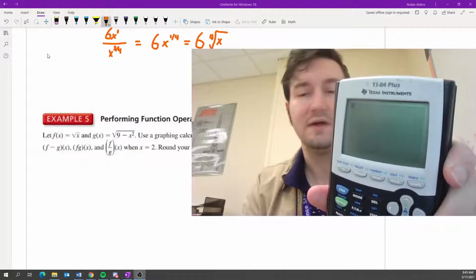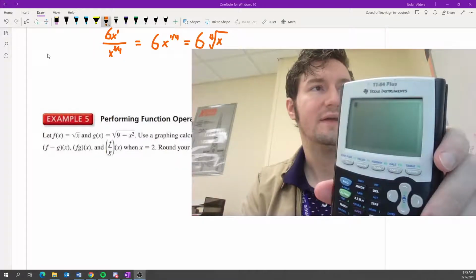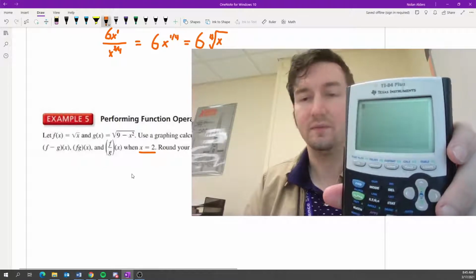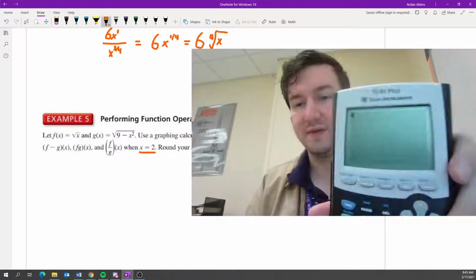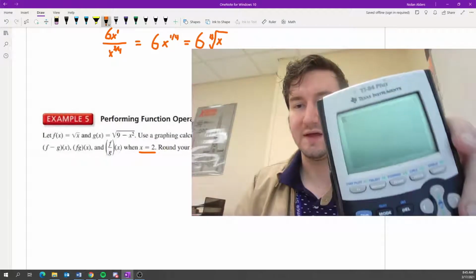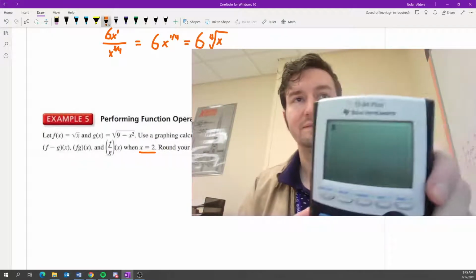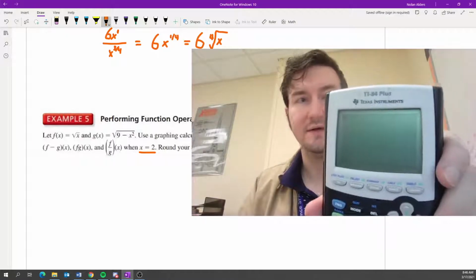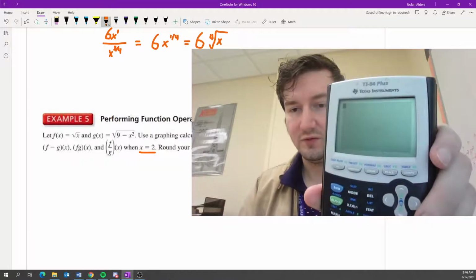Let's say we want to add two functions together when x equals 2. We want to add y1 and y2 on the calculator and evaluate at x equals 2.